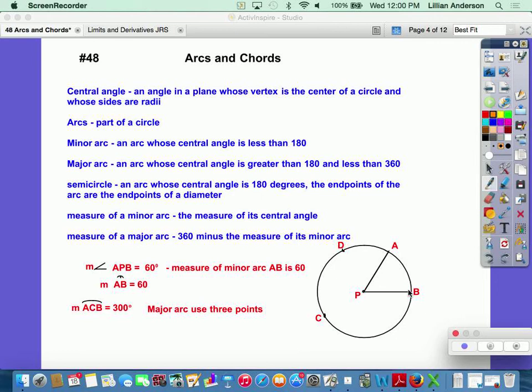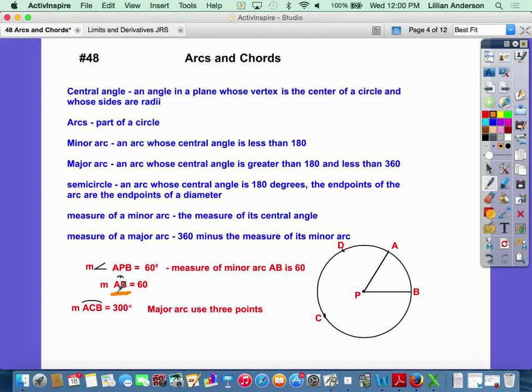Now, the measure of arc ACB would be 300 degrees, okay? From A to C to B is 300, because all you do is subtract the small central angle from 360. Does everybody understand that? This is also a way that you can distinguish between a minor arc and a major arc. Minor arcs are written with 2 letters.